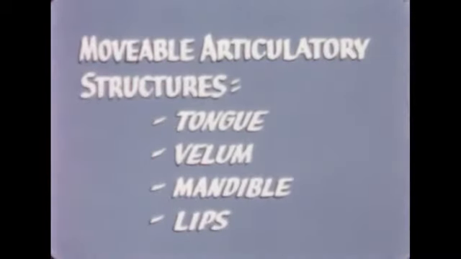The articulatory mechanism consists of a number of movable structures. The tongue is capable of performing a great variety of movements and adjustments at very rapid rates.